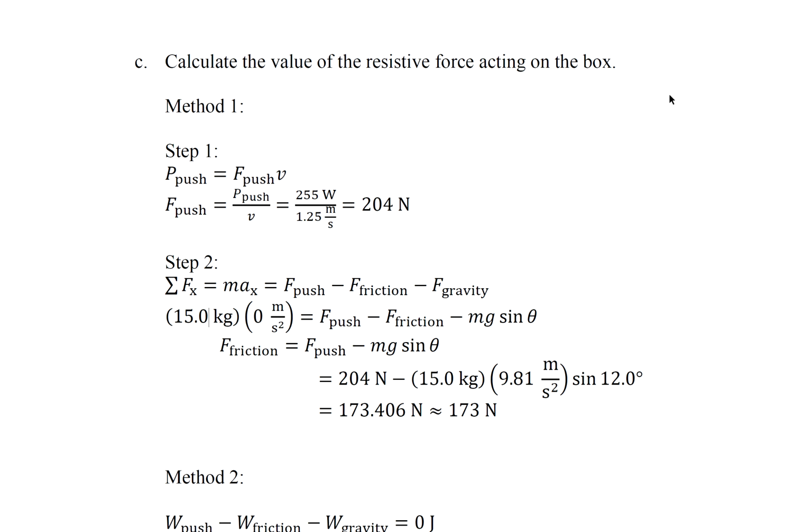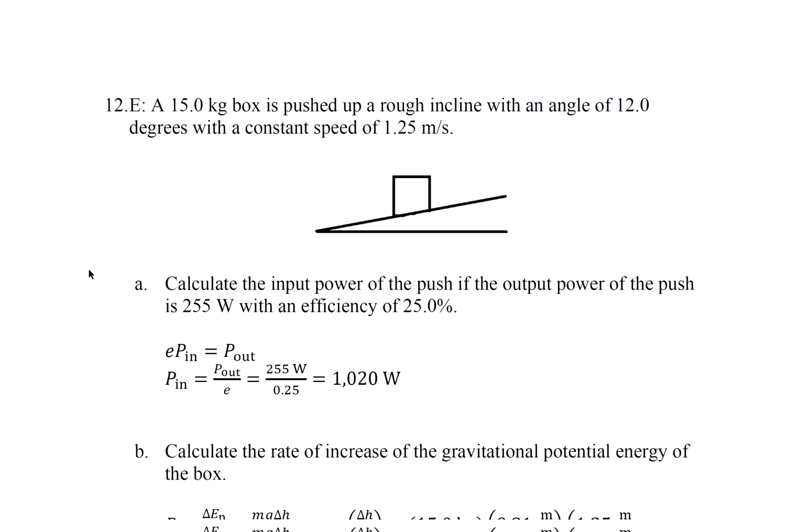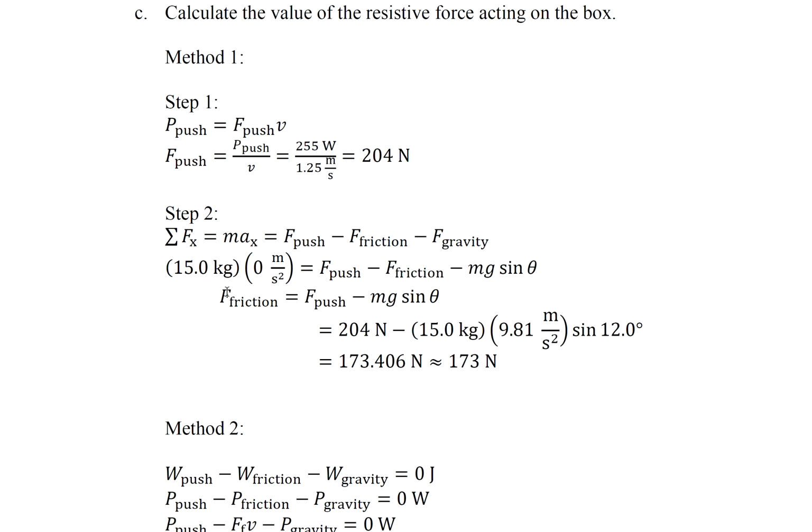We know a sub x is 0 because it says constant speed. So solving for force of friction, we get this. And then we could solve for force of friction.